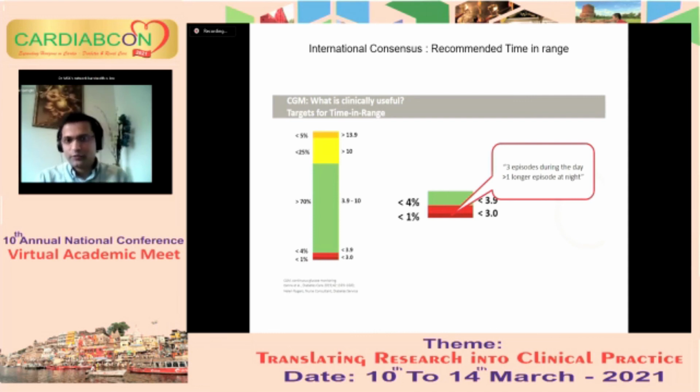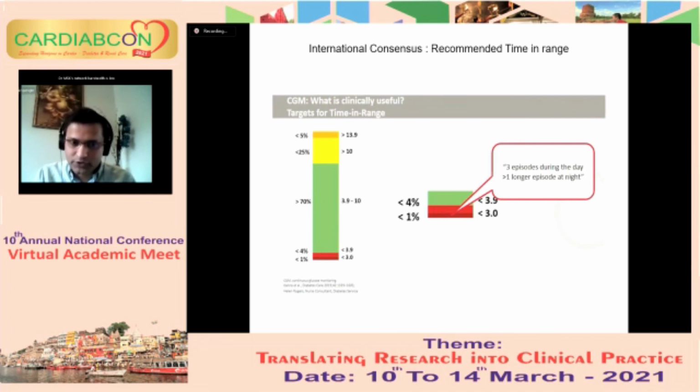It is again important how we put this. I have seen the two extremes, where younger populations try to achieve a time in range of up to 90% or 95%. They look at the percentage as a reward, which we should be very careful about, because if it is coming at the expense of hypoglycemia, then that's alarming.